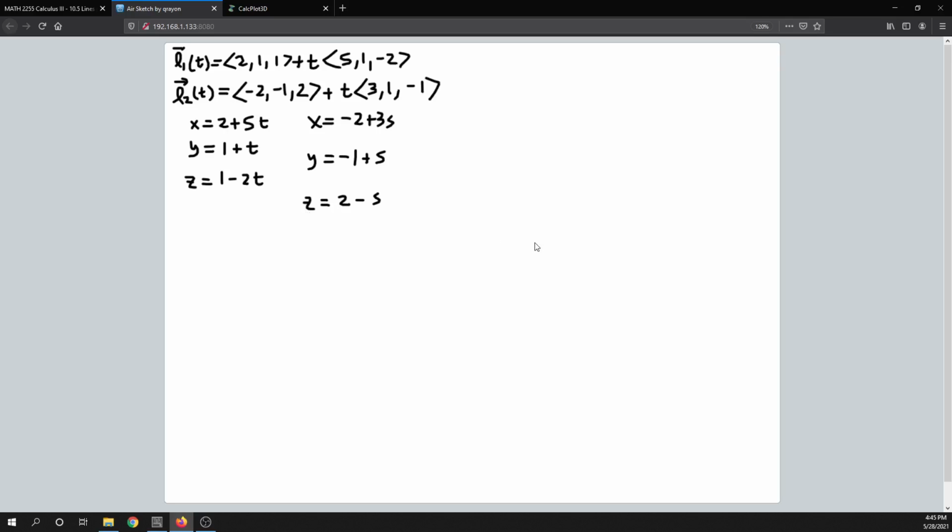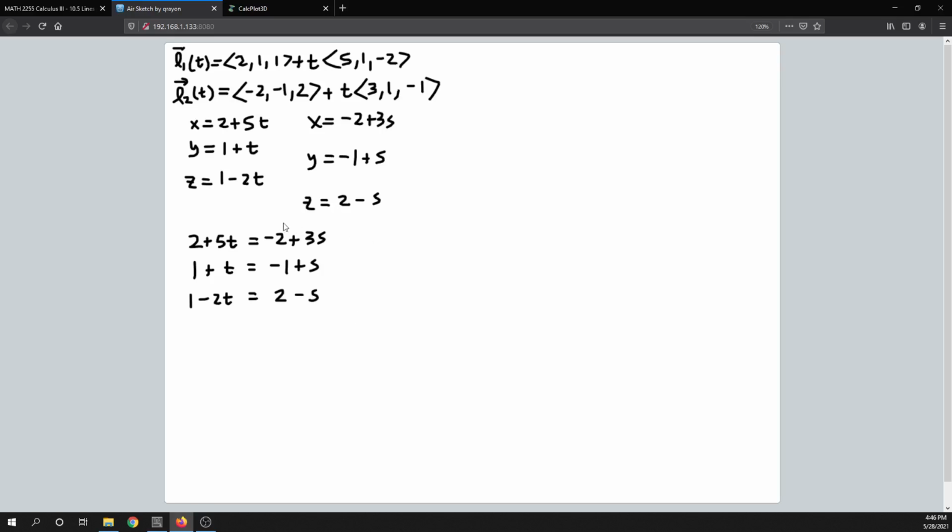And so what that means is that you get 3 equations here. 2 plus 5t would have to be equal to negative 2 plus 3s. 1 plus t would have to be equal to negative 1 plus s. 1 minus 2t would have to be equal to 2 minus s. Okay.